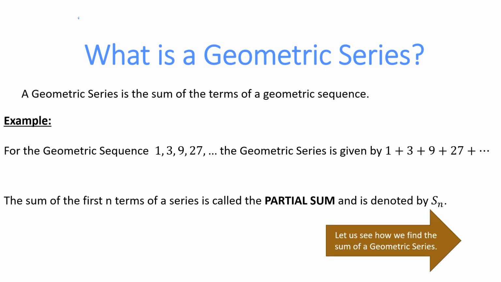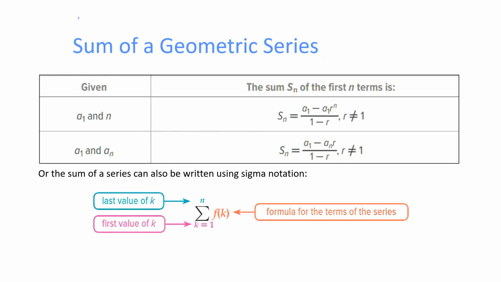Let us see how we find the sum of a geometric series. We can find the sum Sn of the first n terms of a geometric series based on what information is given to us. If we are given a1 and n, we use this formula which states Sn equals a1 minus a1 times r to the power n over 1 minus r.